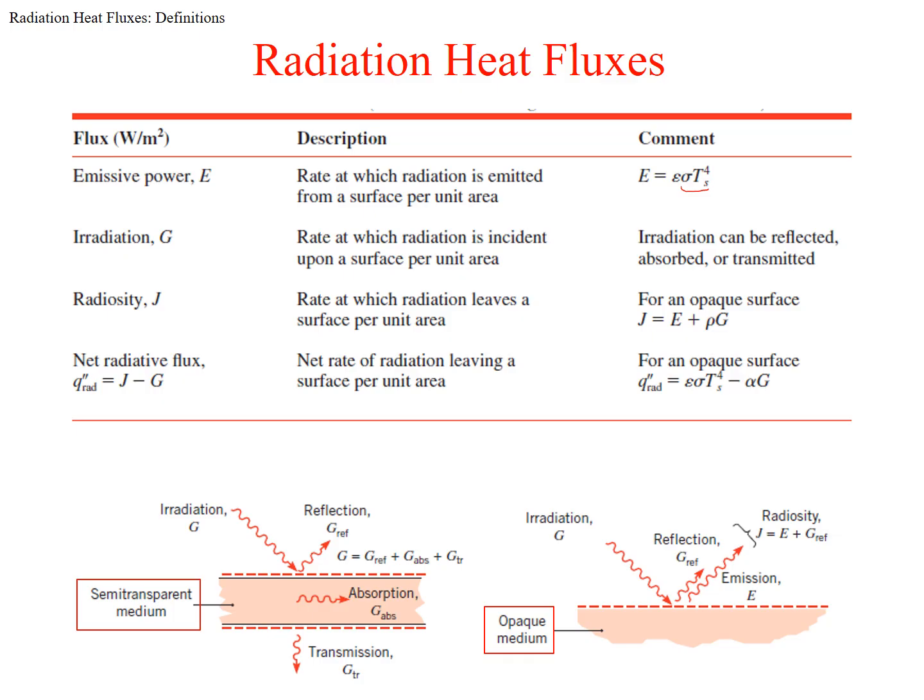And then there's radiosity. We talked about this in the last lecture as well. It's the rate at which radiation leaves a surface per unit area. So this could be radiation from reflection of irradiation on the surface, or it could be radiation because of emission from the surface itself.